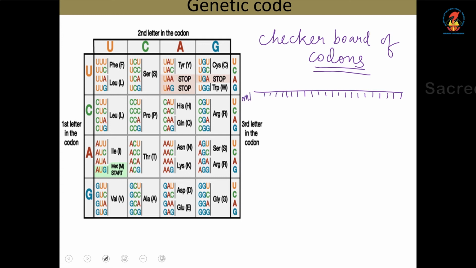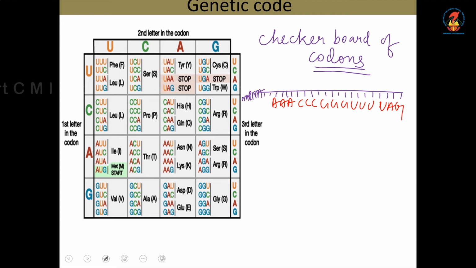See, this is the mRNA. Three consecutive bases form the codons. For example, I am going to give AAA, CCC, GGG, UUU, UAG. Now these are the codons on the mRNA.